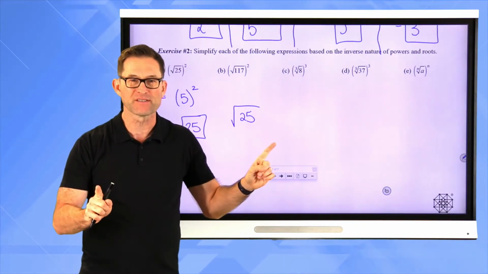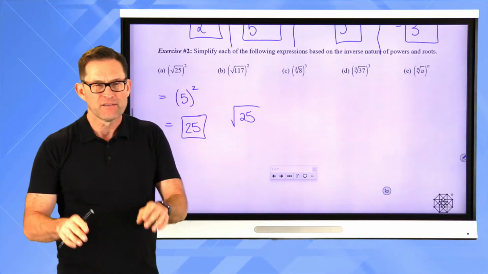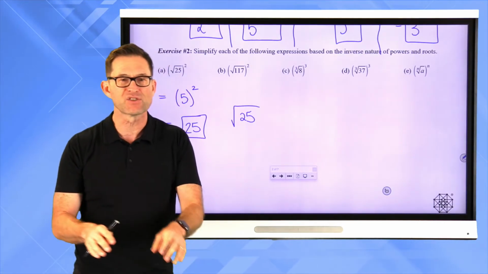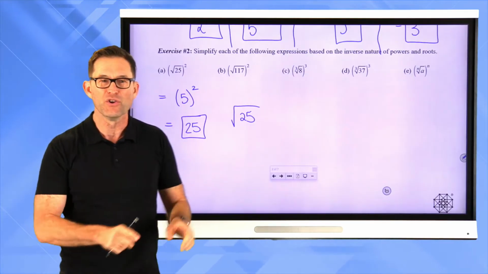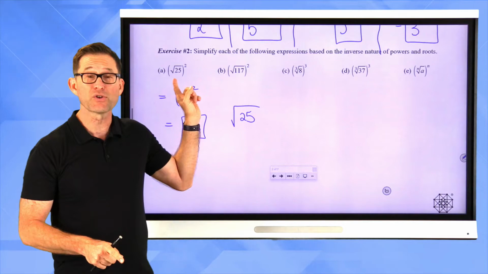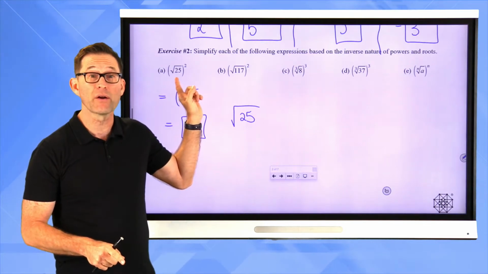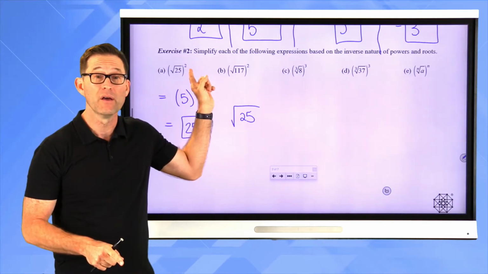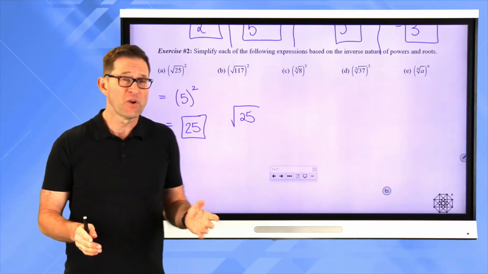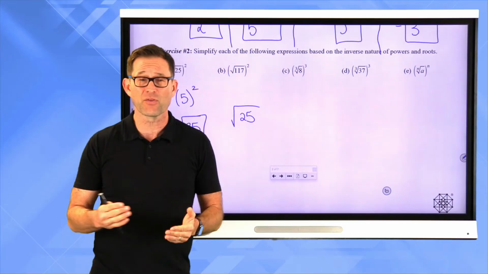So if I said, take the number that when you square it gives you 25 and square that number, you should get 25. Literally, this expression says take the number that when you square it gives you 25 and square it, you better get 25, because if you don't, there is a disconnect there.